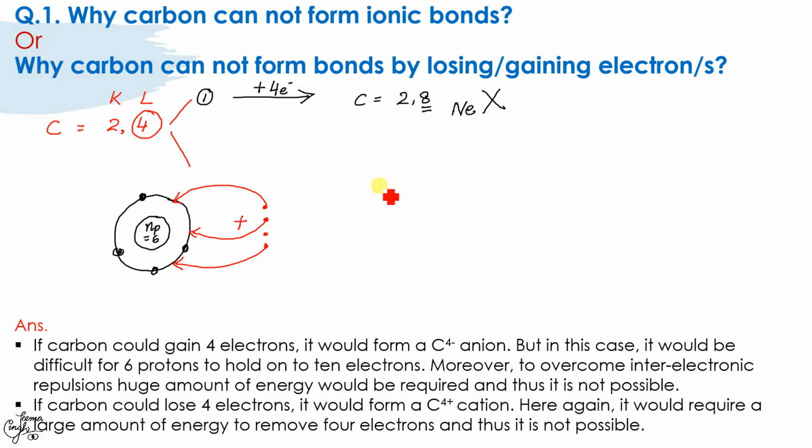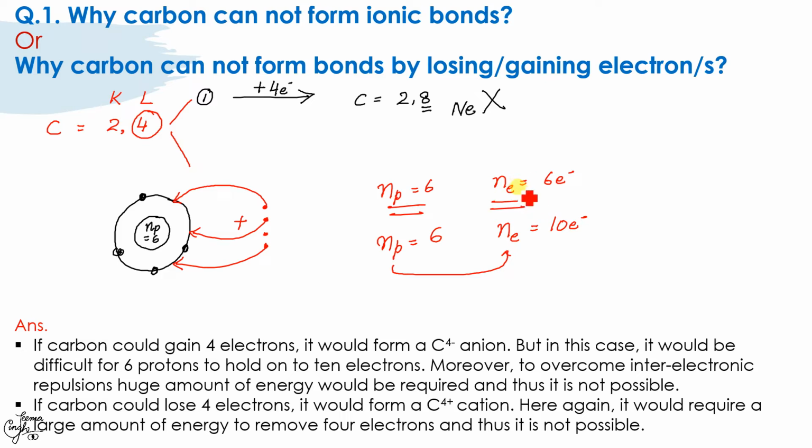Now initially 6 protons were holding a total of 6 electrons. Now the same number or same amount of positive charge has to hold 4 more additional electrons, that is 10 electrons. So the hold of proton on the electrons is not going to be very strong, because I told you positive is going to attract negative.